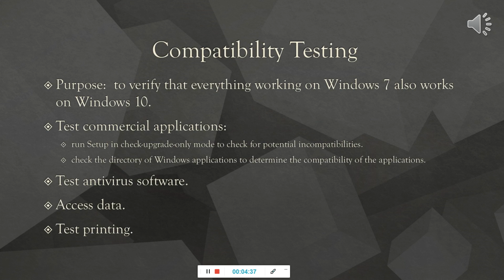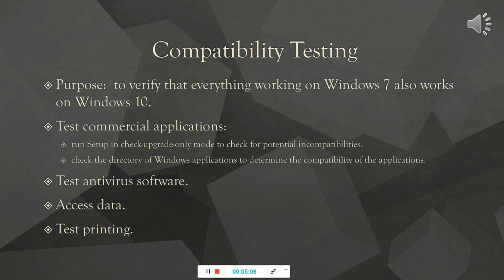When the upgrade was completed, I was tasked to test for any potential operating system incompatibilities, along with ensuring any application concerns were addressed as well. The goal of the application testing is to verify that everything that works on Windows 7 also works on Windows 10.